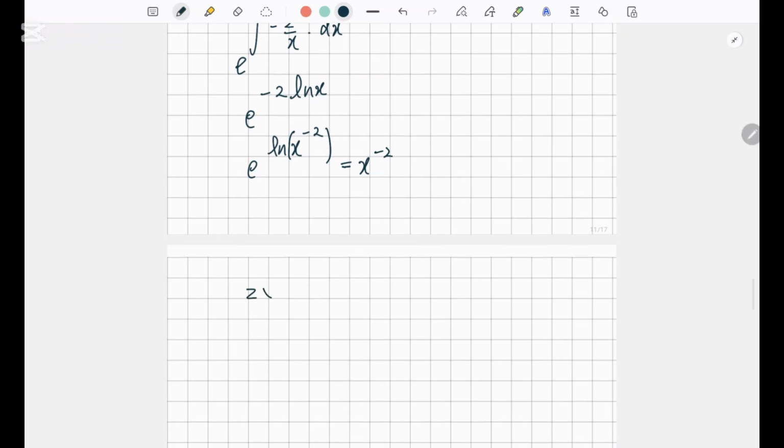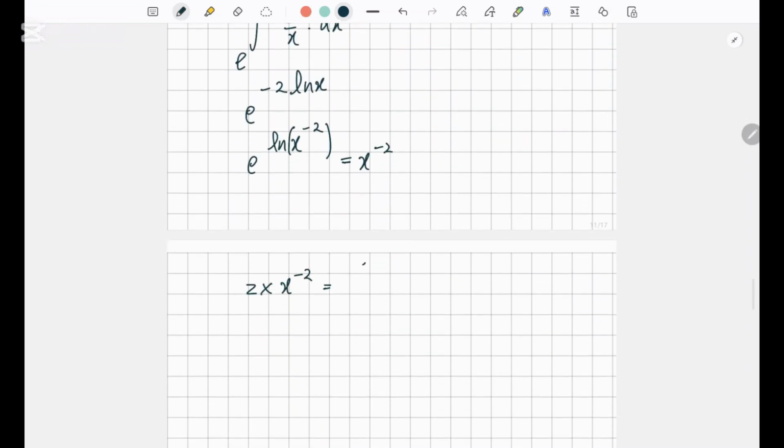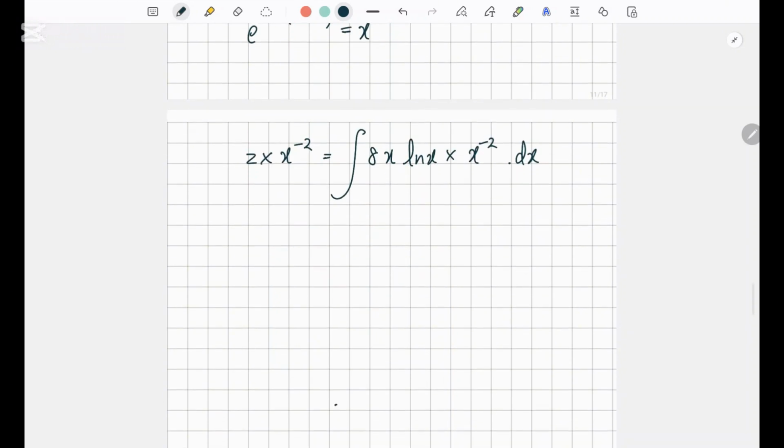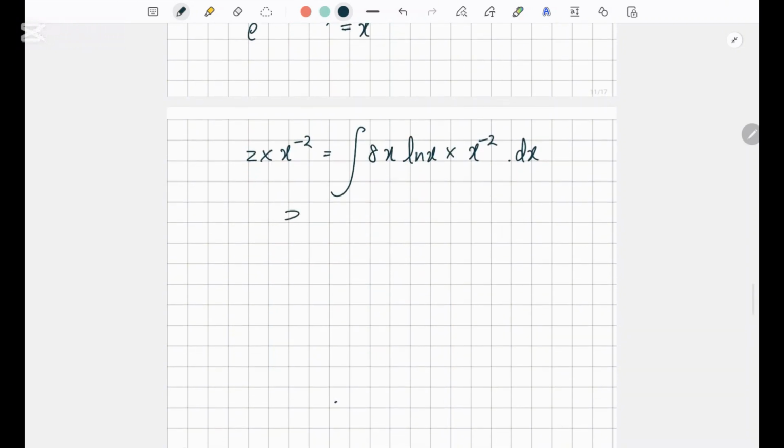So it's z into x to the power minus 2 equals to the integration of 8x ln x into x to the power minus 2 dx. So it's z over x squared equals to the integral of 8 ln x over x, right?